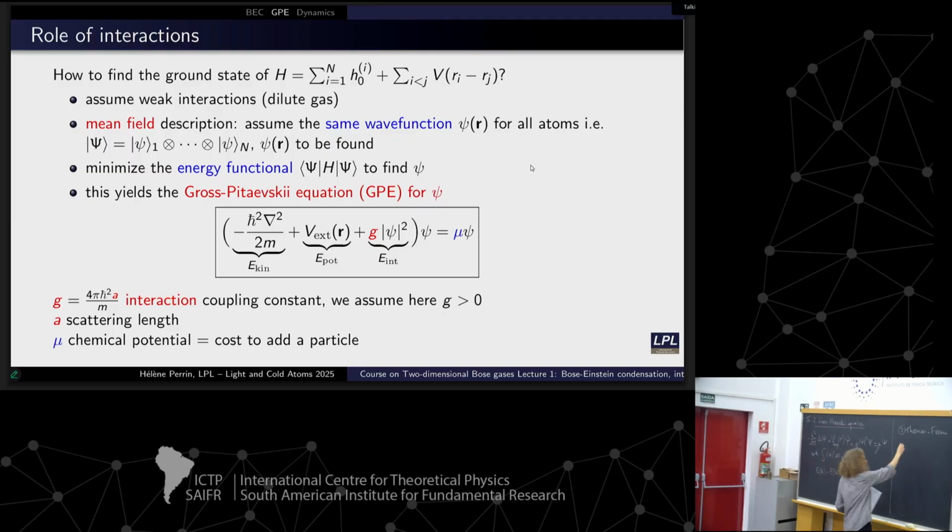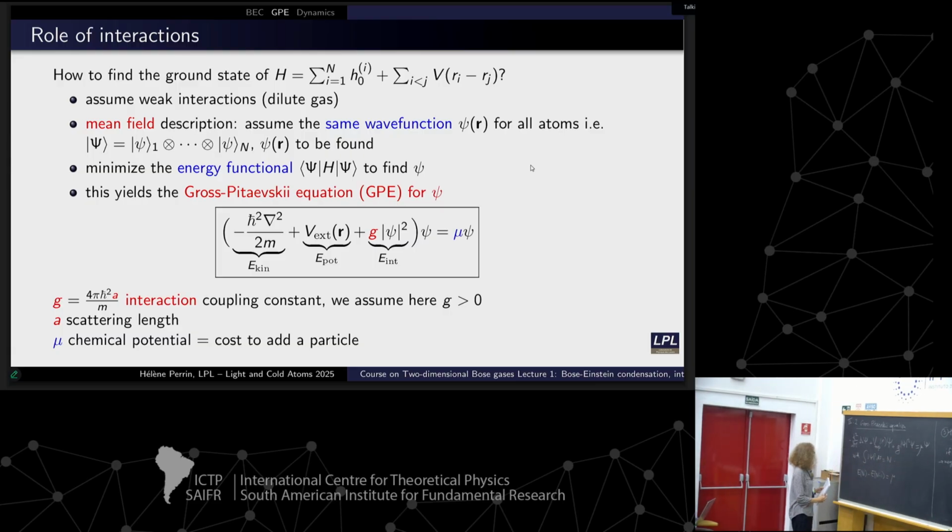So in this limit, we simply neglect the kinetic term h bar square over 2m Laplacian. And so if we do that, then the solution is really easy, because there is no differential equation anymore.